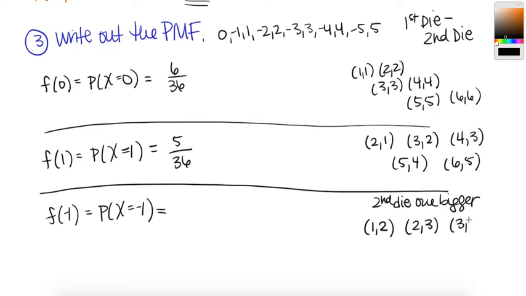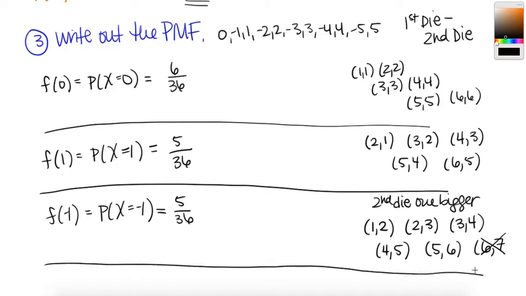If our first die is 3, second die has to be 4. First die is 4, second one would have to be 5. First one is 5, second one would have to be 6. And that's as high as we can go, right? The next option would be first die is 6, but we can't have a 7. So again, we're going to get 5 possibilities out of 36.